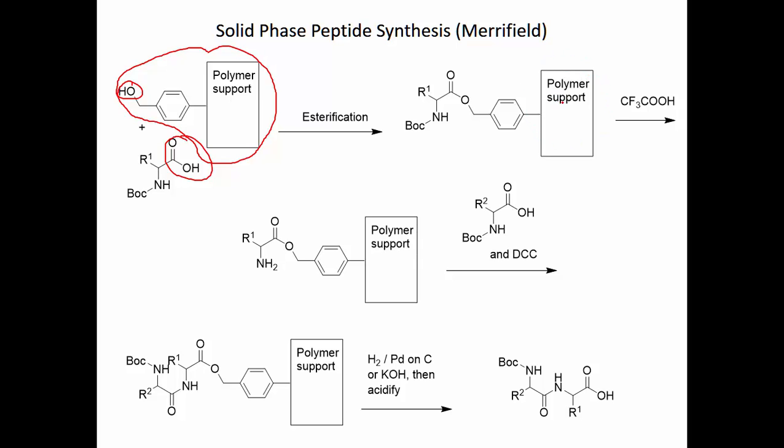Once that's on the polymer support, we'll remove the protecting group. We'll now add a different amino acid. This gives us a dipeptide, and we can cleave the Boc group here. Okay, actually, sorry, we don't.